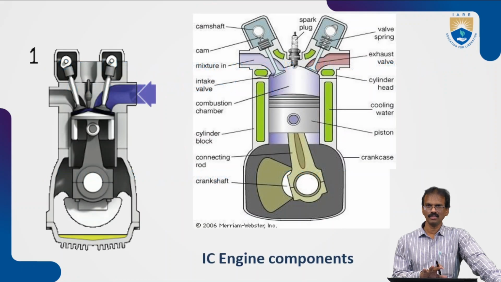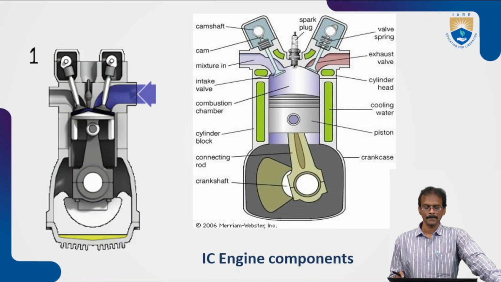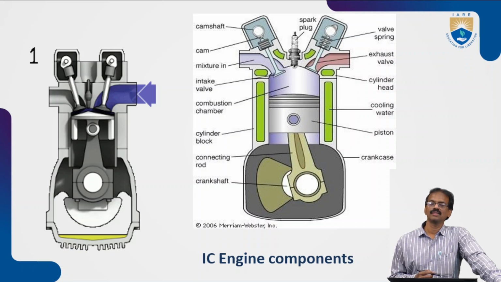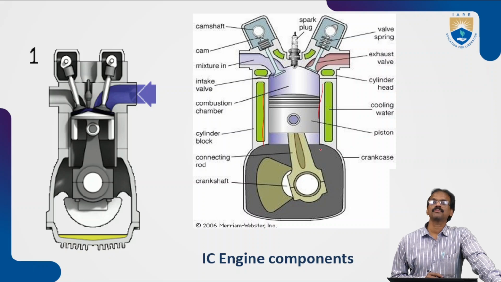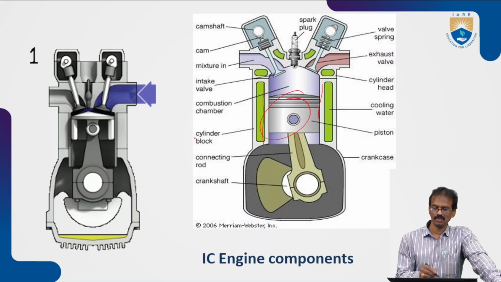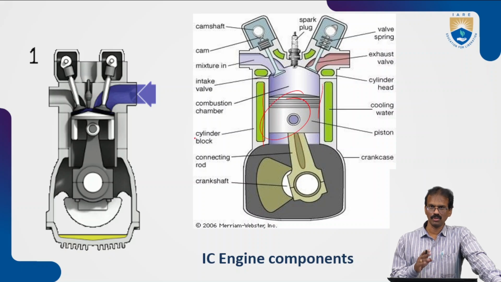First, this is the block diagram of an IC engine. Here we can see the different parts of the IC engine. This is the combustion chamber. Inside the combustion chamber, the piston moves up and down, reciprocating.